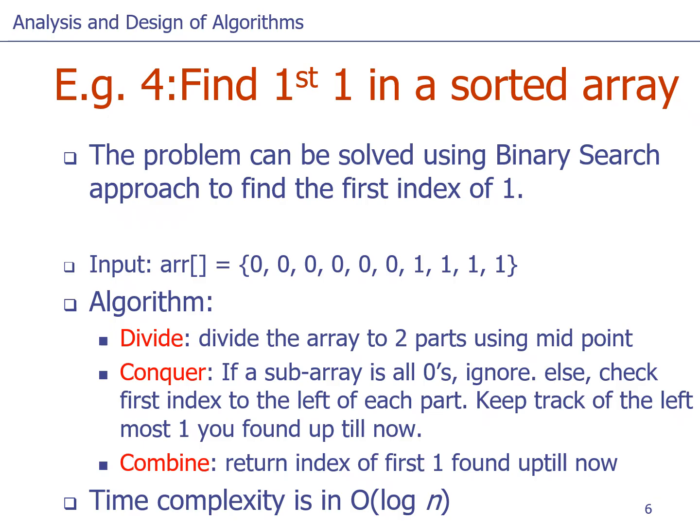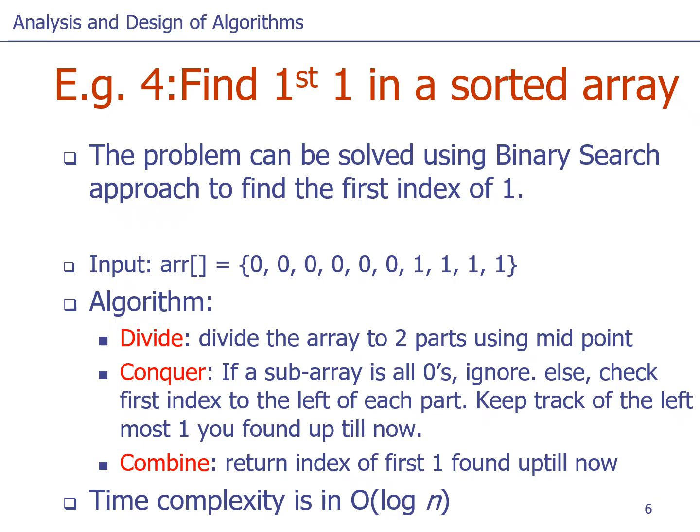Now, what if it's not all zeros? All zeros means the first bit is a 0, the last bit is a 0. But what if you get the right subarray, say it starts with a 0 and it ends with a 1? Okay? Now, if the left subarray starts with a 0 and ends with a 0, and the right subarray starts with a 0 and ends with a 1, then you're going to work with the right subarray, because it starts with a 0 and ends with a 1, so there is a 1 somewhere.